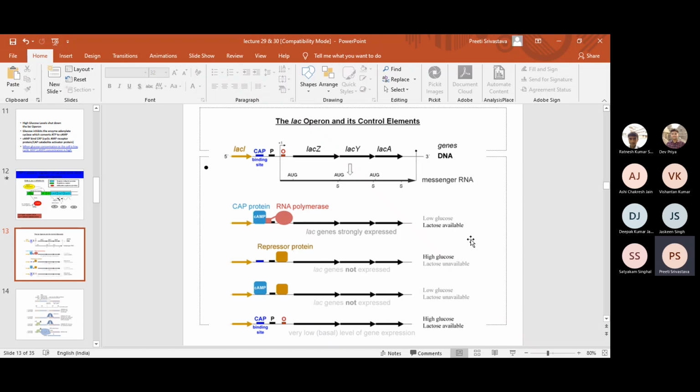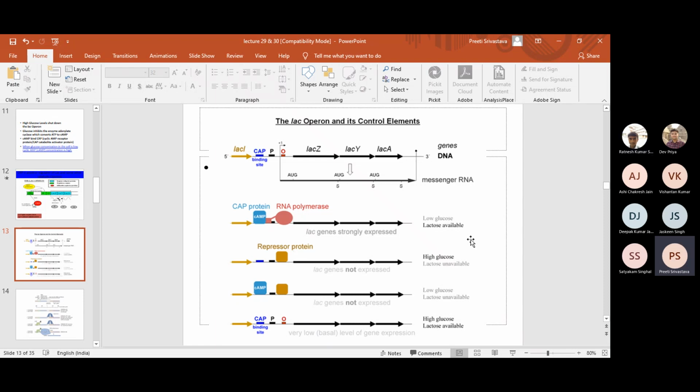In case number 2, when you have high glucose, that means you have low cyclic AMP, right? Yes. When lactose is not there, the repressor protein will bind to the operator, and therefore it will serve as a roadblock and lac genes will not be made.